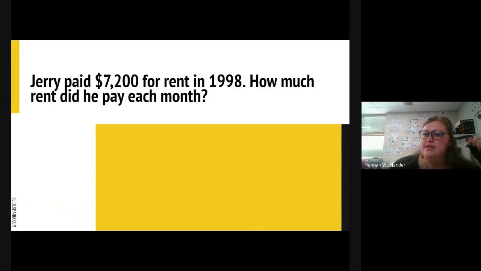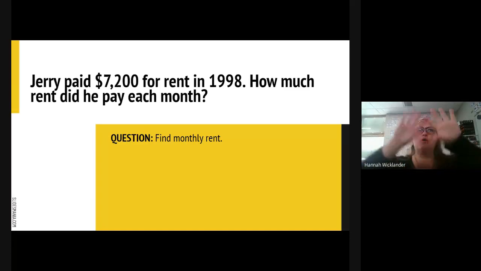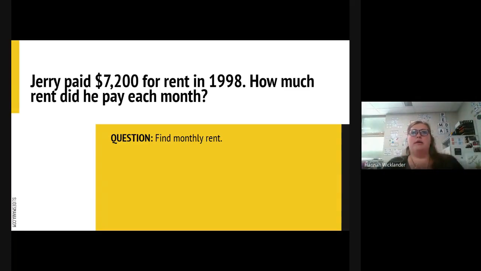All right, last example. Jerry paid $7,200 for rent in 1998. So in the whole year, all 12 months. How much did he pay each month? So the question is, how much did he pay each month? So we're trying to find the monthly rent. We have a total for the year, and we know he paid all of that money in 12 months.